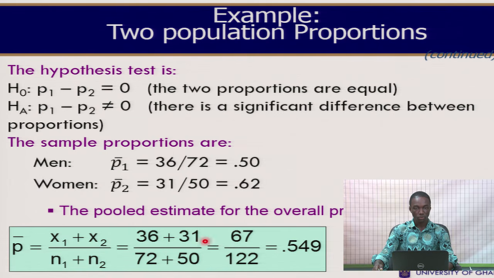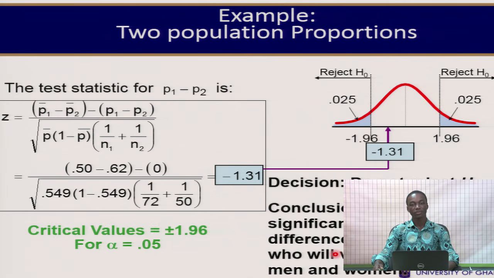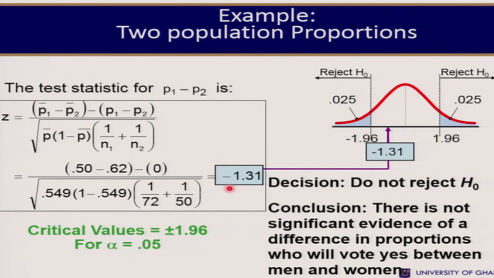So we have the pooled estimate being 67 over 122, which gives us 0.549. With this information, we can now calculate our test statistic, which gives us negative 1.31.